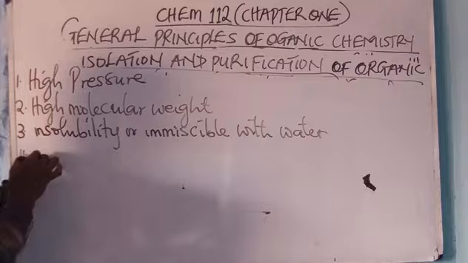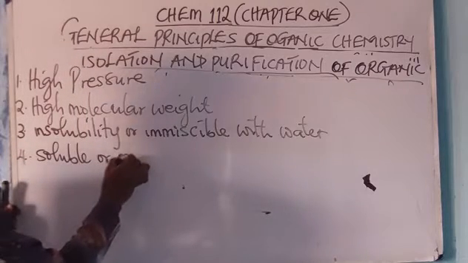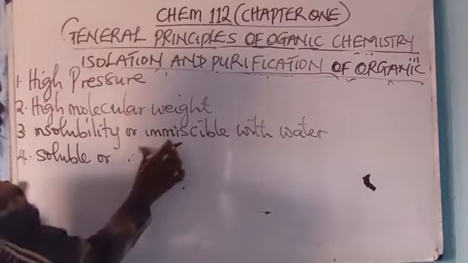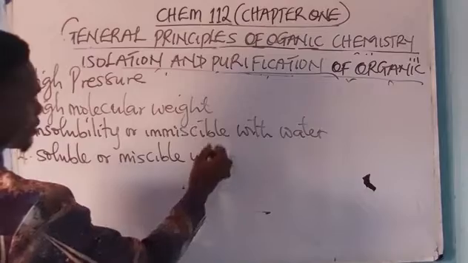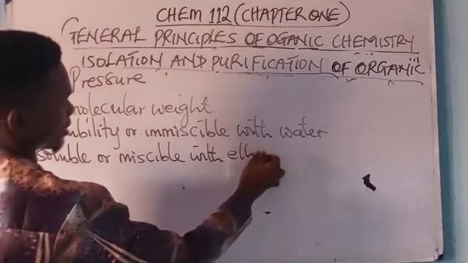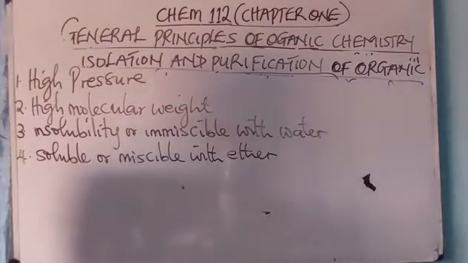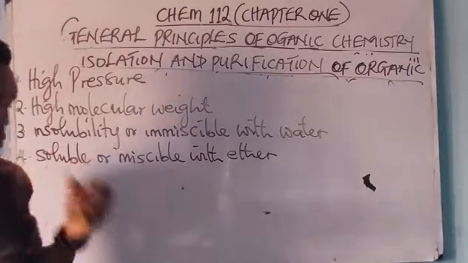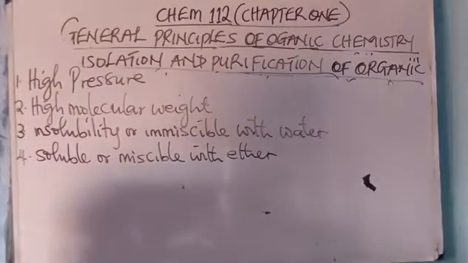The compounds must be soluble or miscible with ether. Now, like I said before, ether is used as a solvent for extraction because of its inert nature, low density, and low boiling point.